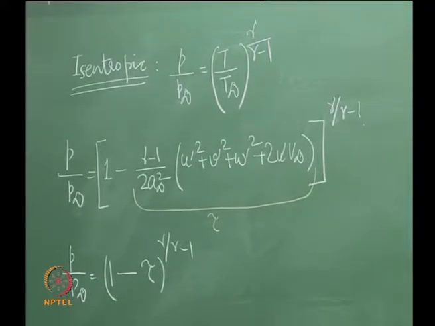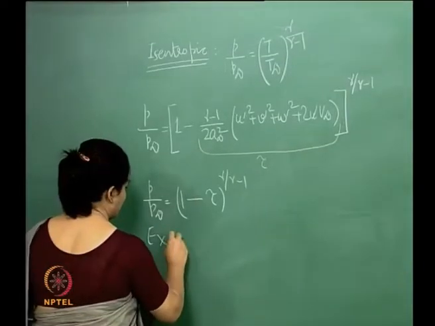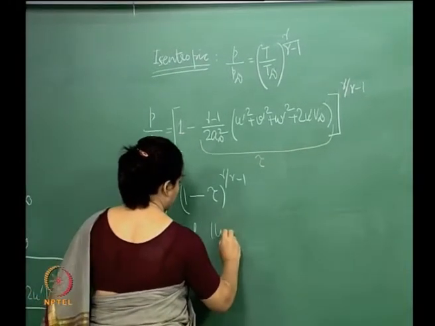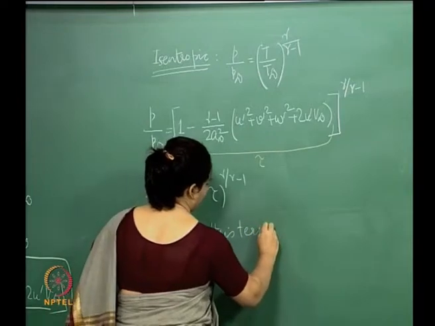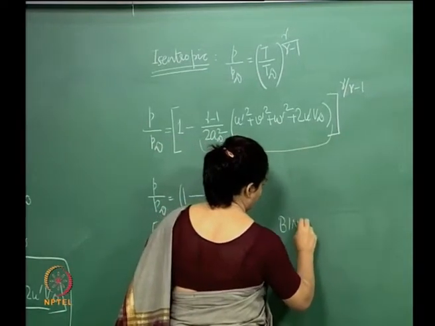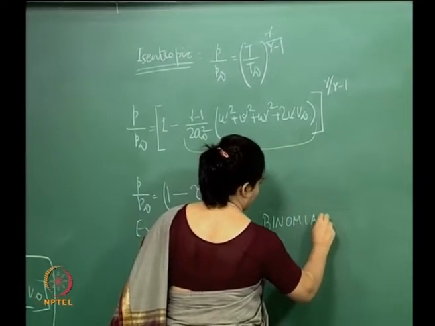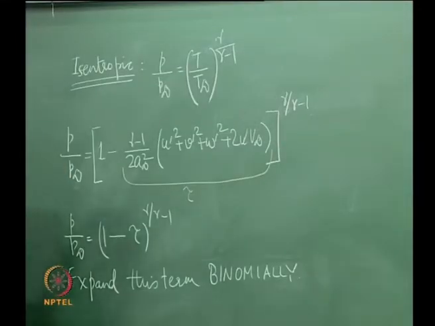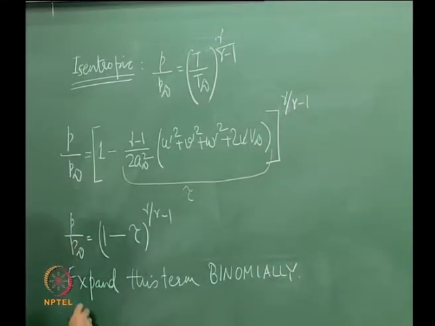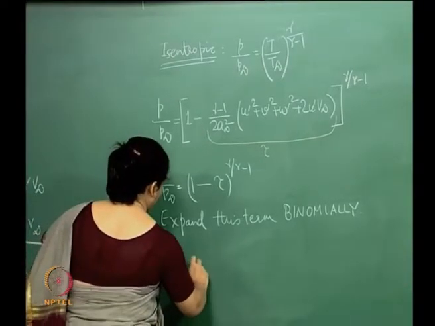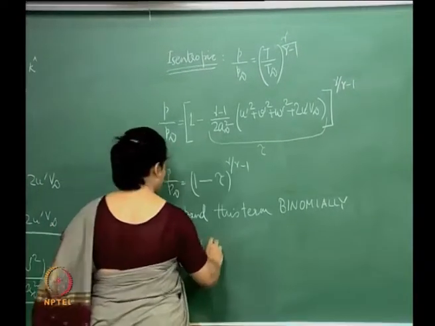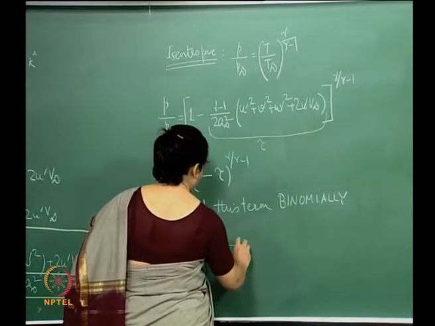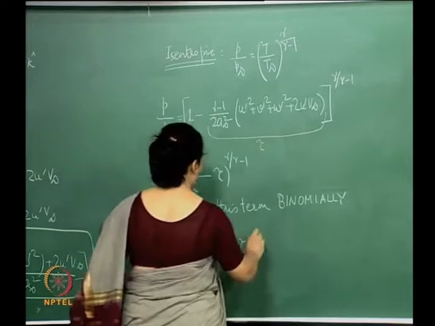Now, if we have this, what we will do here is expand this binomially. If I expand this binomially, what do I get? Then what I get is this, and so on and so forth.